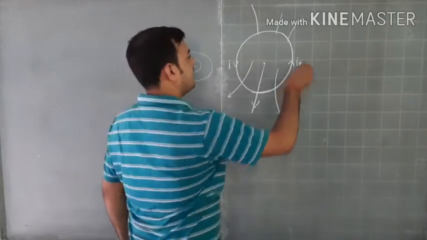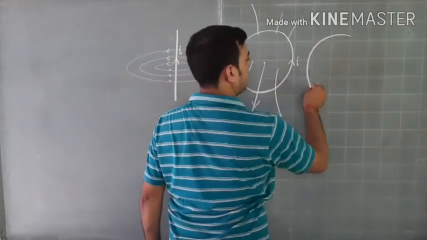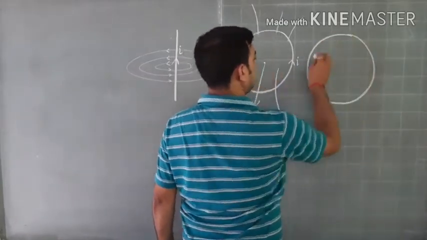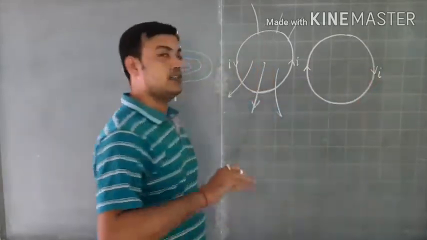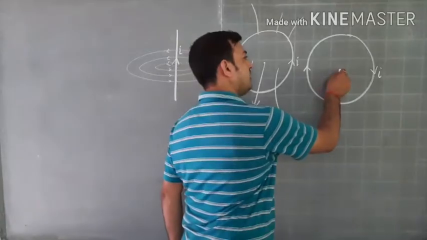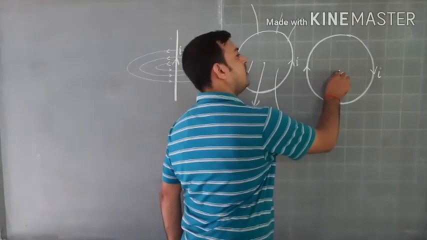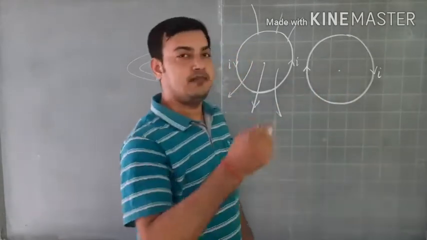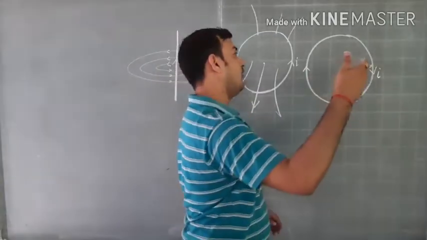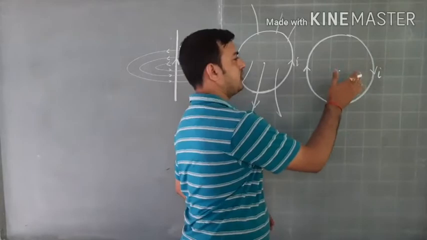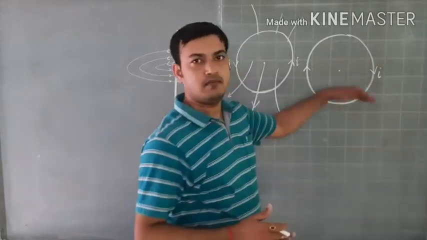Similarly, if I draw another loop in which the direction of current is clockwise, then by the rule, if you find out the direction of the magnetic field at the center, it will be into the board. It means the magnetic field lines will enter from the front surface and will go to the back side.